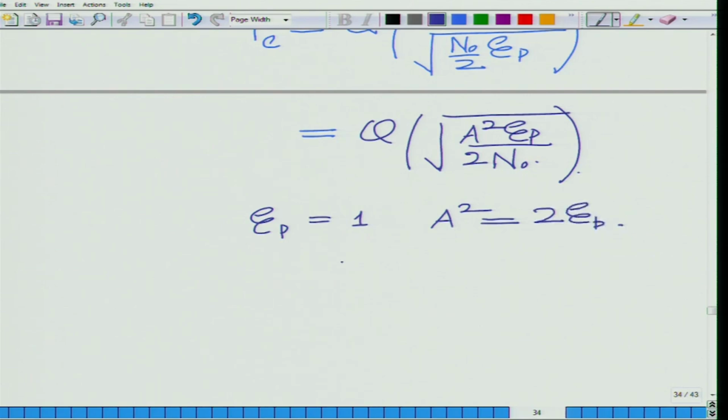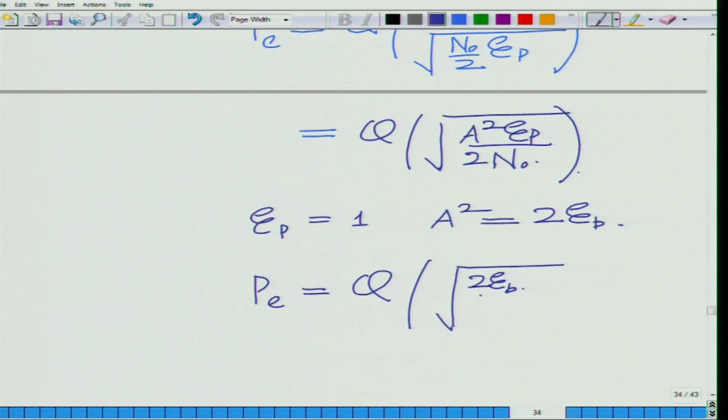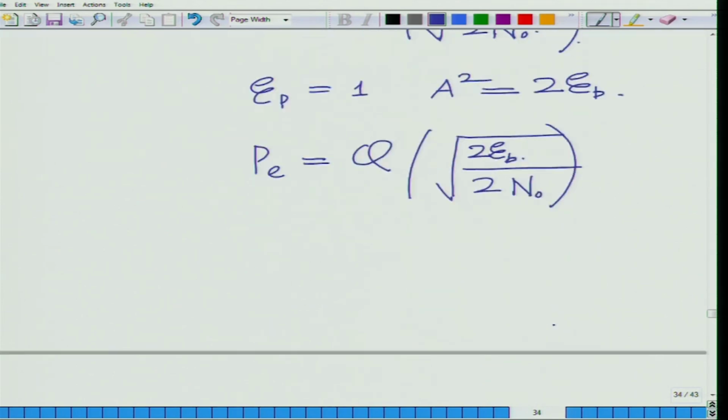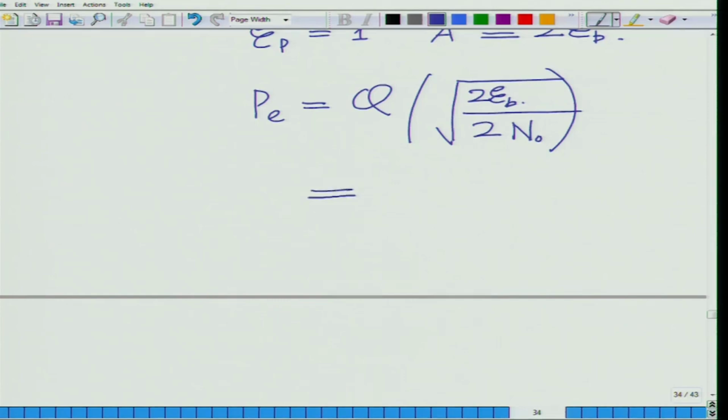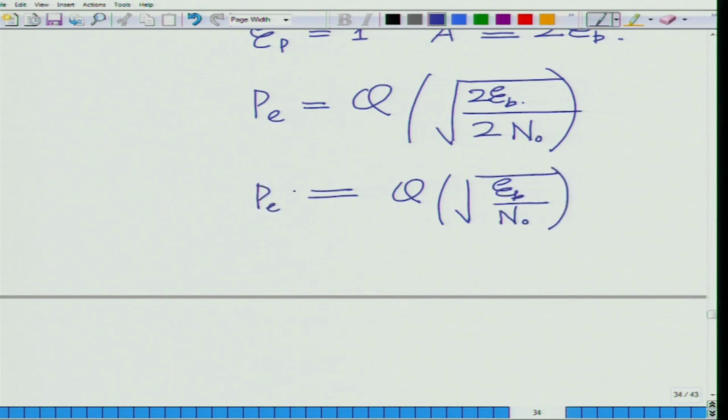So, substituting A square equals 2 EB, we get P equals Q square root of 2 EB into EP is 1, divided by 2 N naught, which is equal to Q square root of EB over N naught. That is your probability of error.